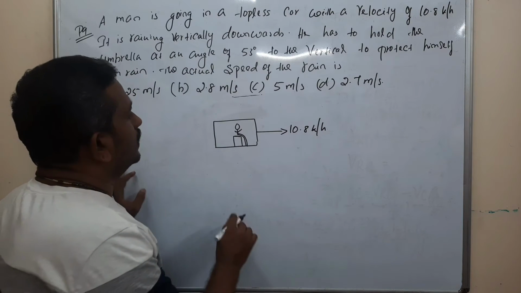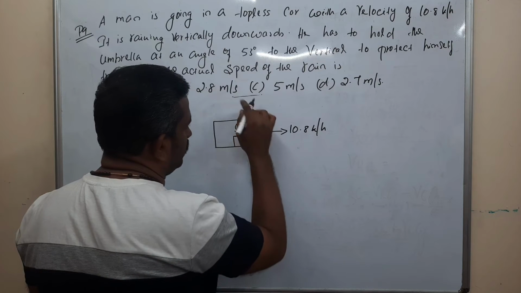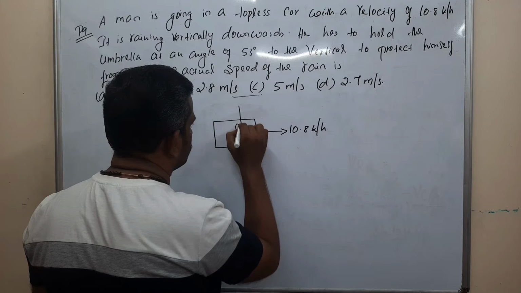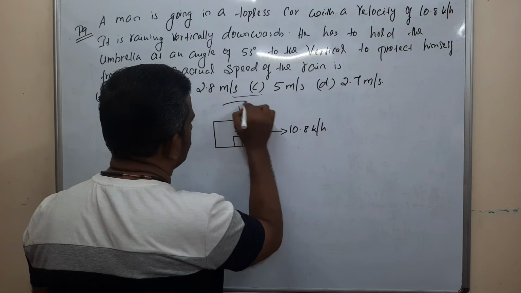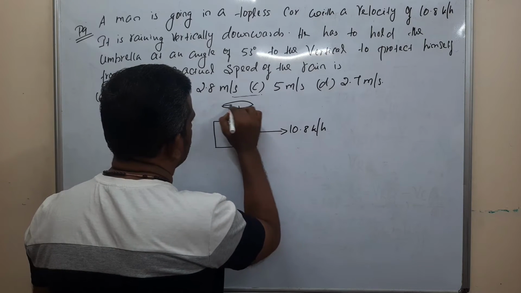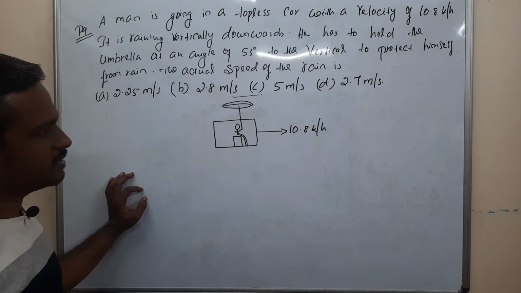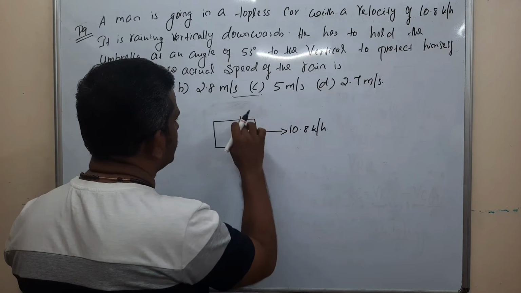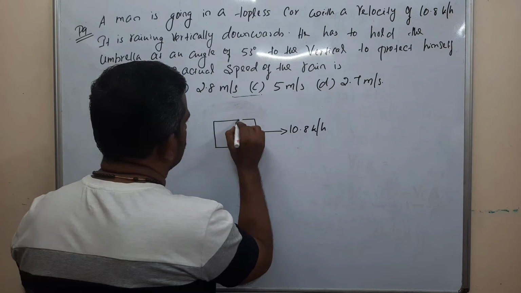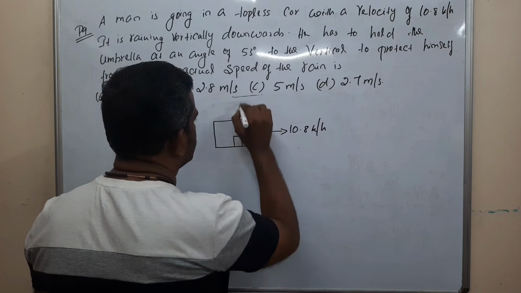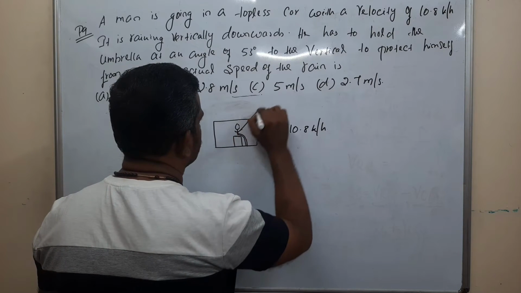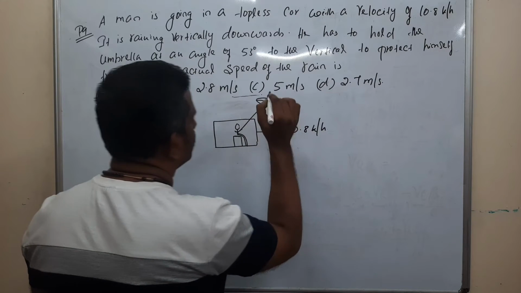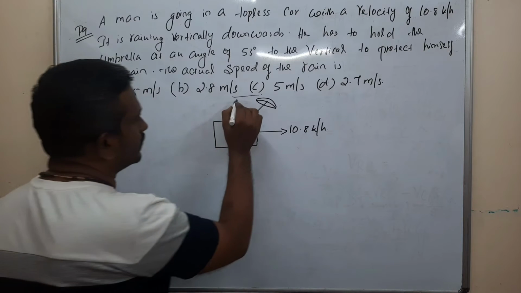If the rain is coming vertically downwards, he would have to hold the umbrella like this. But it is given that he has to hold the umbrella at 53 degrees to the vertical.